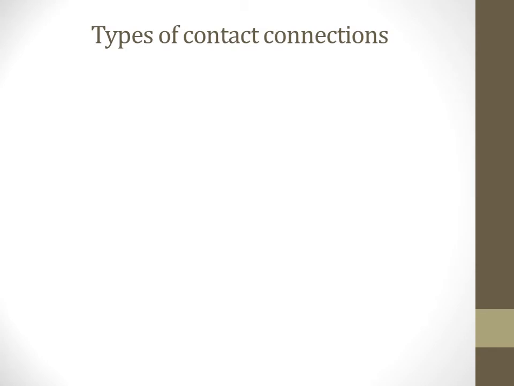So let's analyze the types of connections that form the basis of programming in LD language. There are several types of contact connections that implement logical operations based on relay elements. First type of connection we call serial connection or sequential connection.